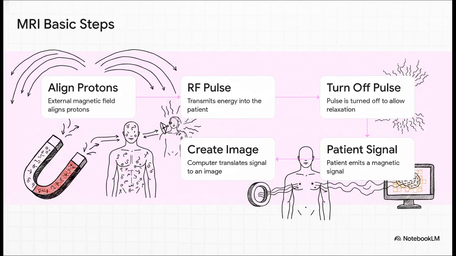Second, we transmit energy into the patient using a radio frequency or RF pulse. Third, we just turn that pulse off. Fourth, and this is the wild part, as a direct reaction, the patient's body actually emits a magnetic signal right back to us. And finally, step 5, our receiver coil captures that signal and a computer translates it into the image we see. Top down, it really is just that elegantly simple.